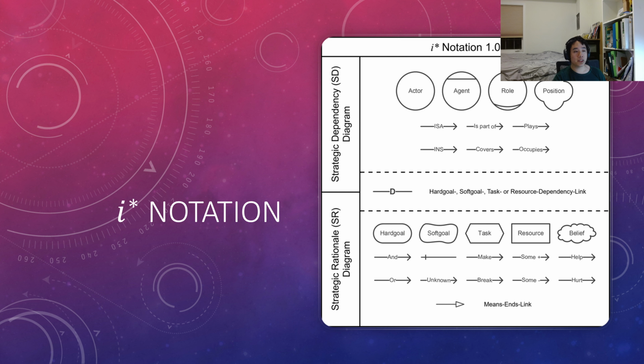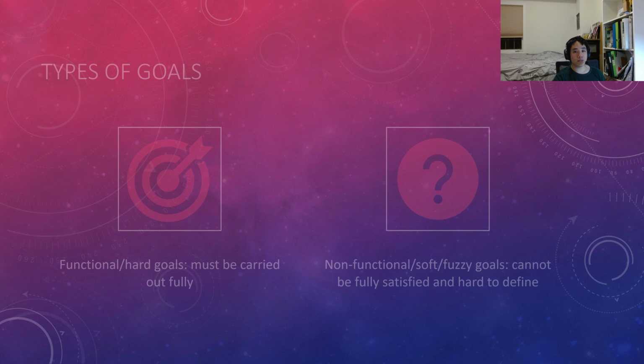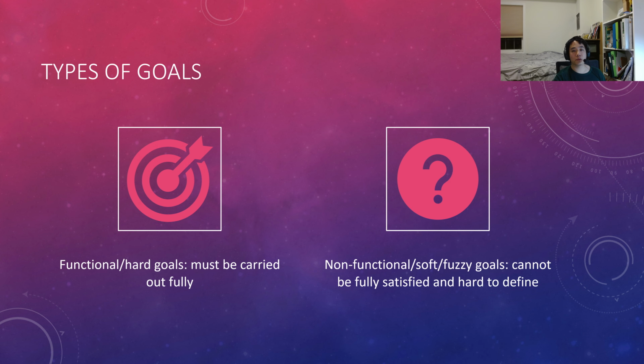I think in lab 3 we're going to focus on both, but from what I read, I think it's more like the bottom, which is the strategic rationale diagram. But you may also consider both. But yeah, I think I read more on the SR diagram. Do let me know what's on lab 3 though if I'm wrong on that.